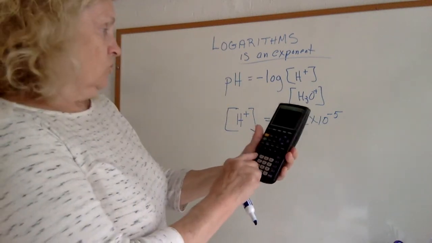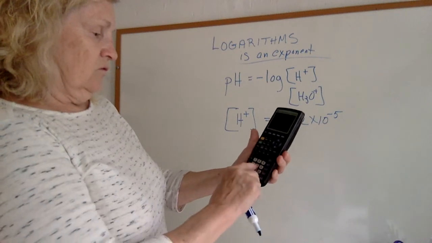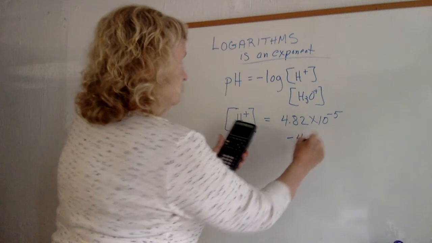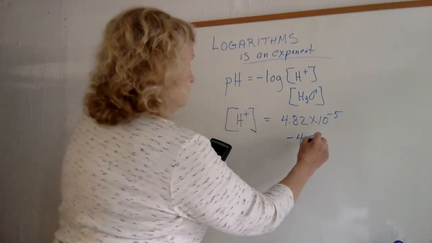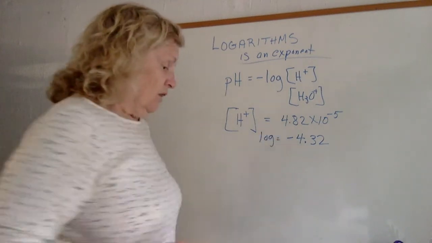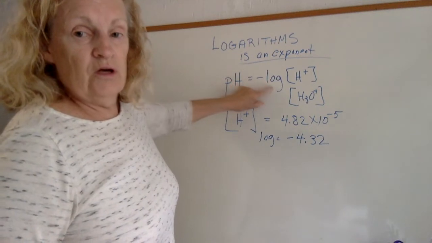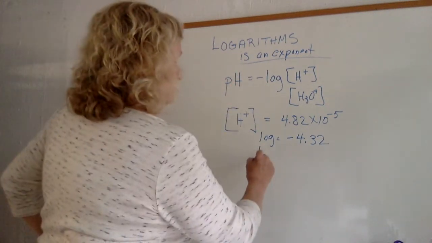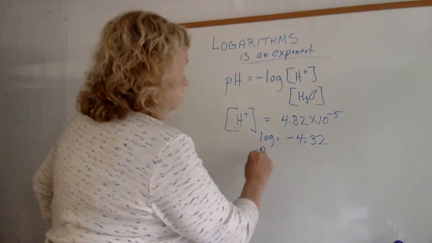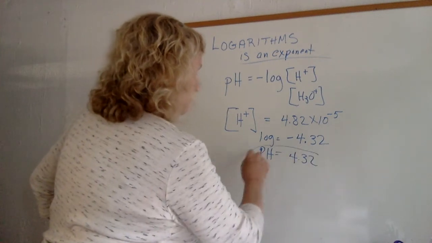So I'm going to press log 4.82 times 10 to the negative 5, and I get, to 2 decimal places, negative 4.32. So this is the log. The pH is the negative log, or the opposite of the log. So the pH of this solution is 4.32.